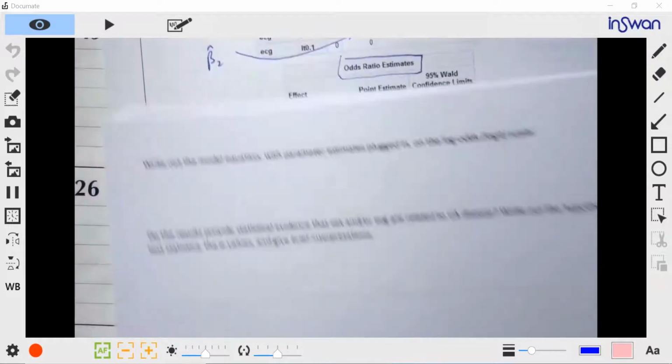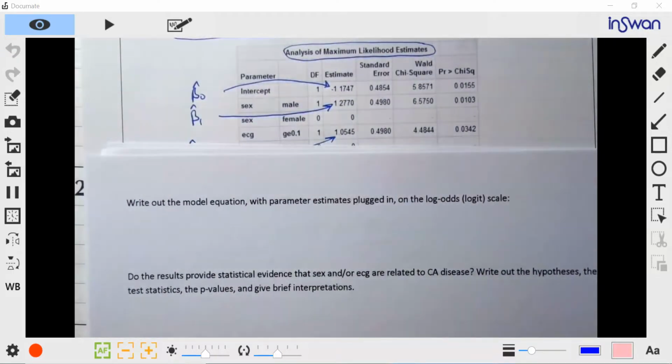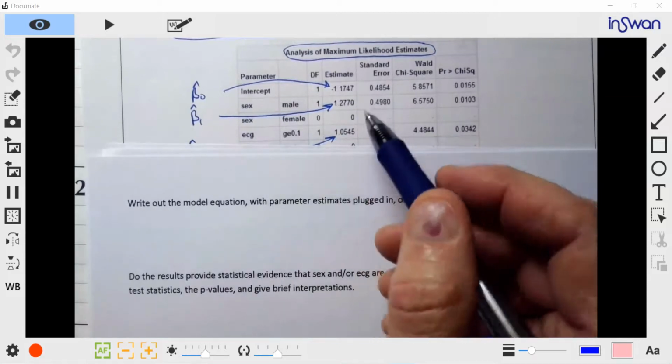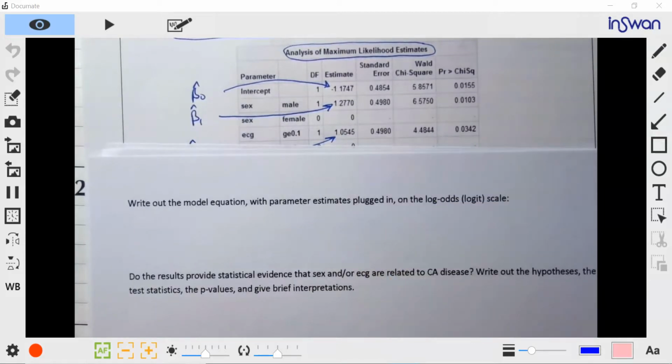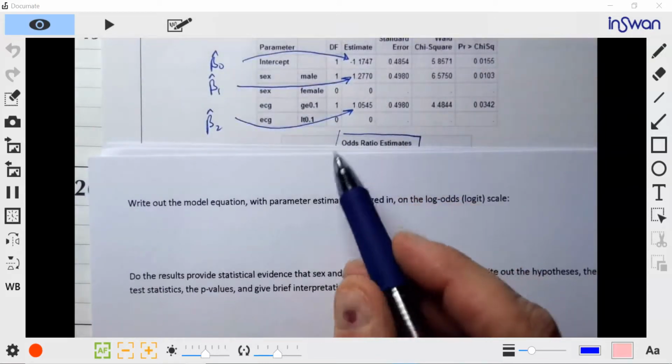So let's use this now, to write out the model equation with parameter estimates plugged in on the log odds scale, or the logit scale. So remember that logistic regression works on the logit scale. So the first thing it's going to estimate is on the logit scale.